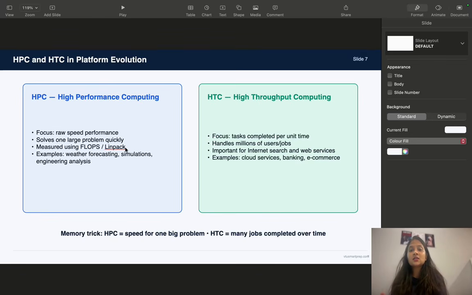For HTC, remember that T stands for throughput, the number of tasks. Throughput, task, and time: you can remember these for HTC.